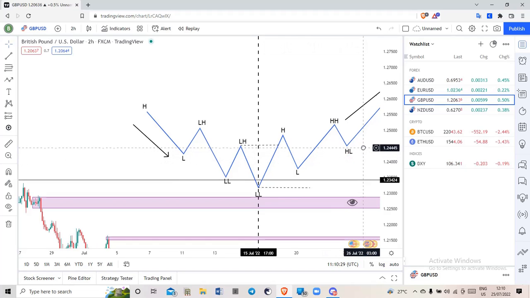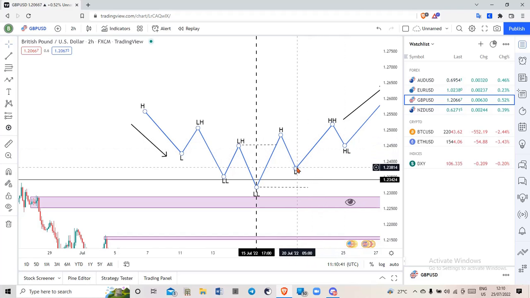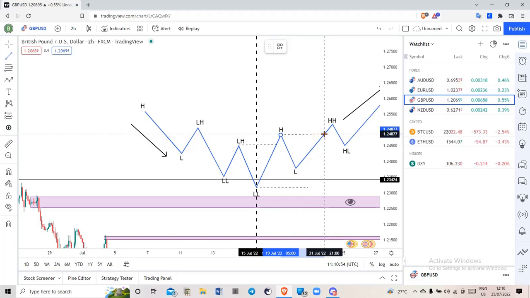So now you are having a higher low, and then you are having a higher high. At the point where this high is higher than the previous high, it's called break of structure. Some people call it break of market structure, BOS.